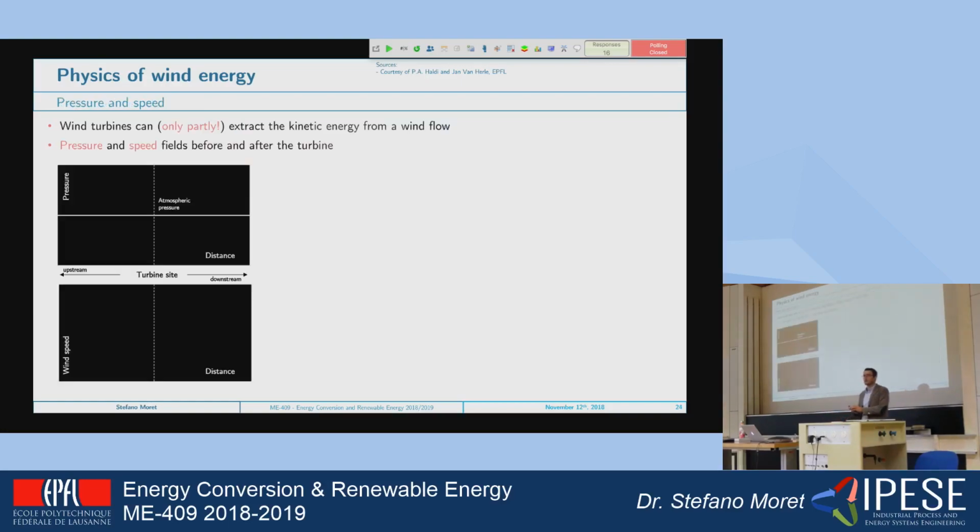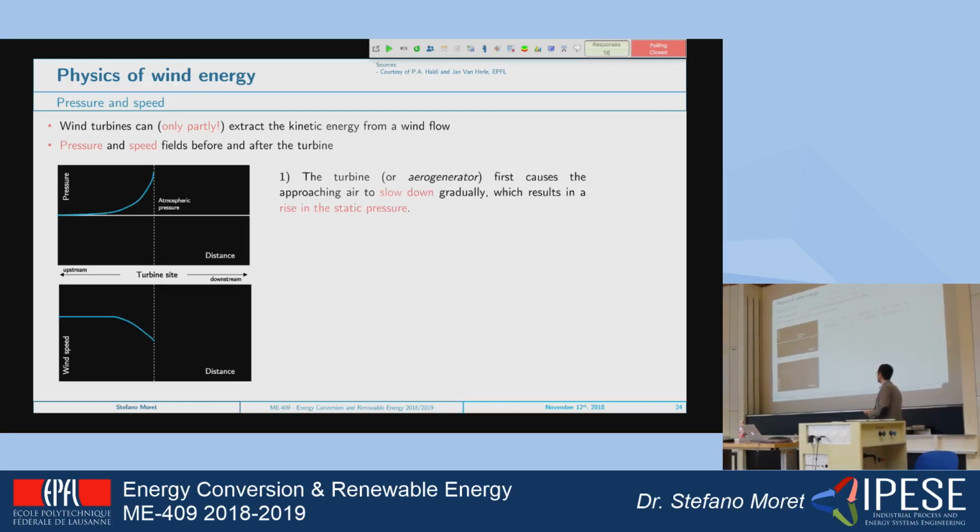Let's now check what happens before and after the turbine. So a turbine is a device that can extract energy from the wind. So what we have is that if we look at the pressure and velocity fields, before the turbine we have a decrease in wind speed and an increase of pressure. So Bernoulli applies before the turbine, right?